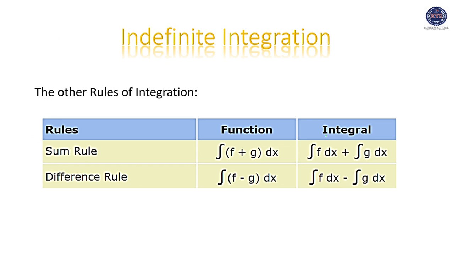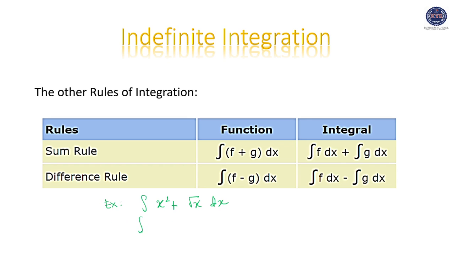Actually, I encourage you to separate the function. For example, let's say you have an addition between two functions. Let's say you have f and g function. What you can do is separate and then put the notation for both functions. For example, let's say you integrate x squared plus square root of x dx.